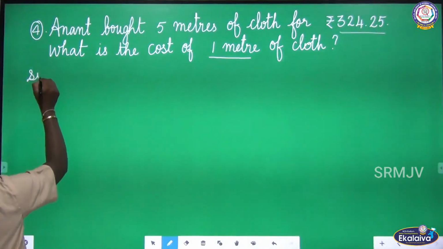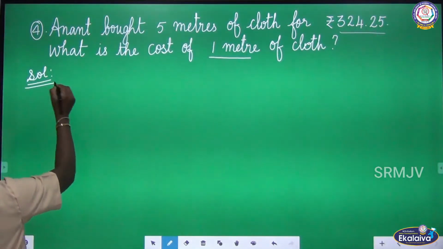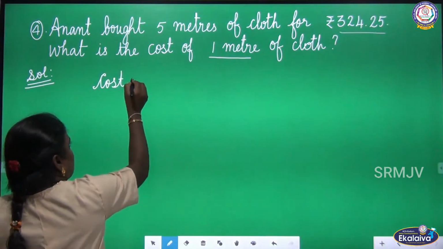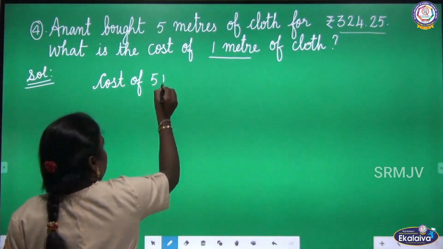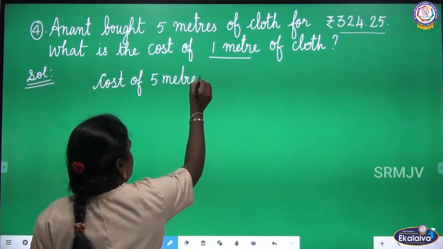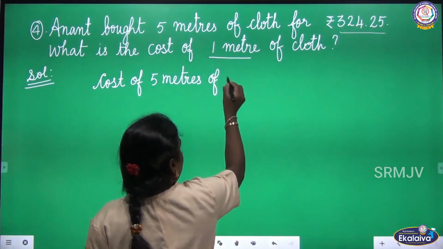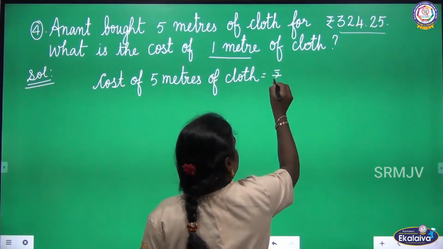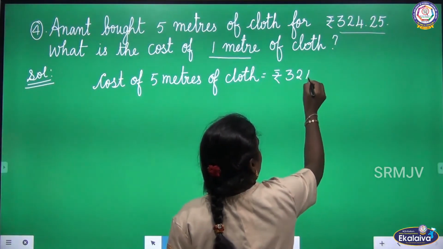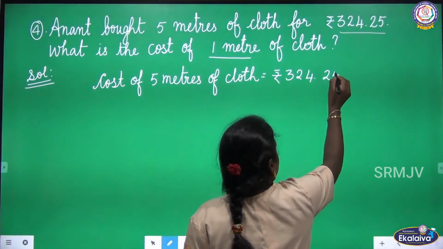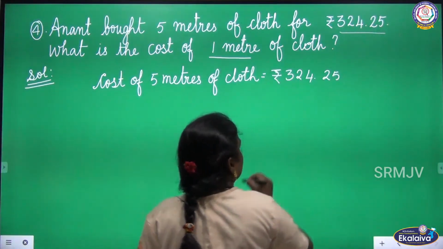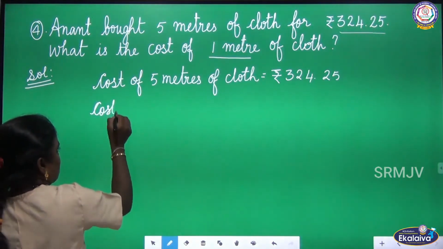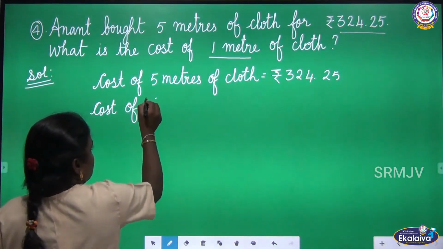So solution, start with the statement, cost of 5 meters of cloth, that is 324 rupees and 25 paise. We want to find out the cost of 1 meter of cloth.